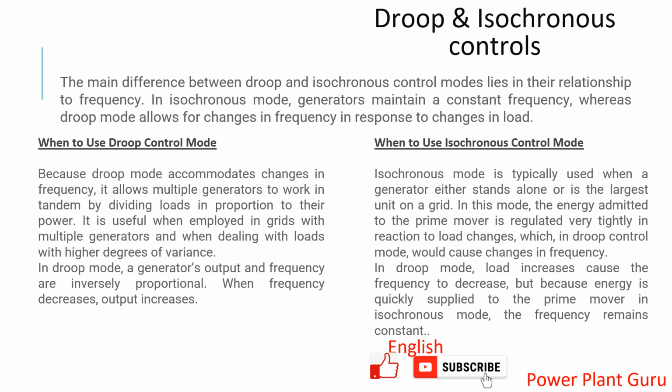Let's say droop control is normally used when you have several machines operating in tandem in a power system. We can consider a case of a refinery where there are 10 or 15 gas turbines. Let's say there is a unit trip, a large compressor on the load side trips.